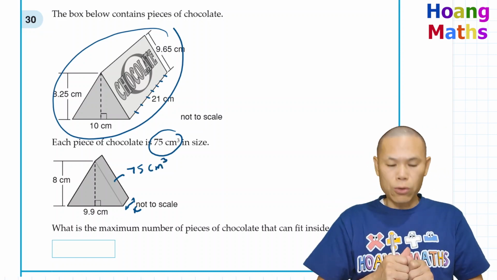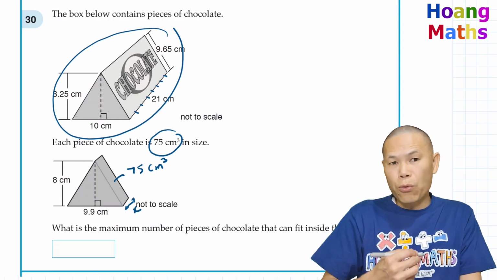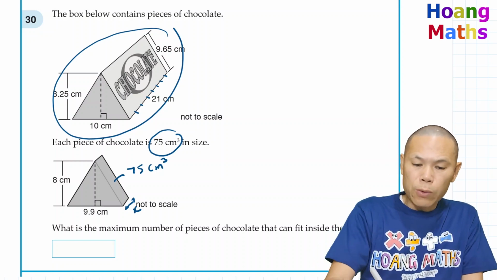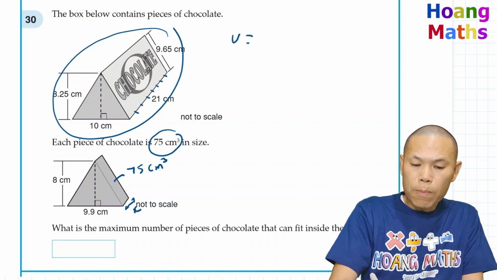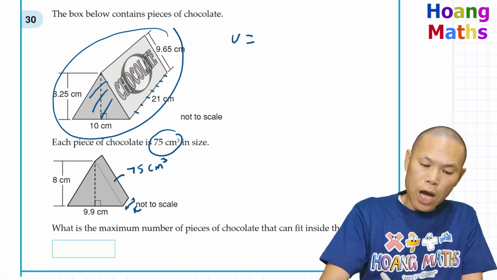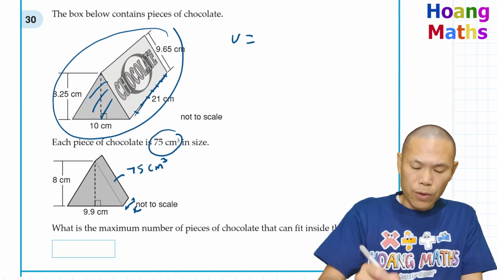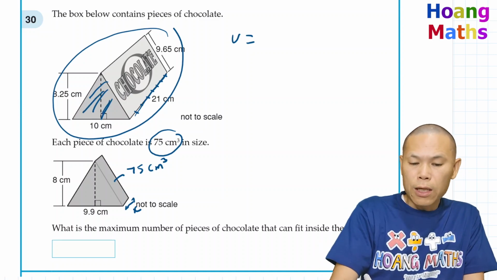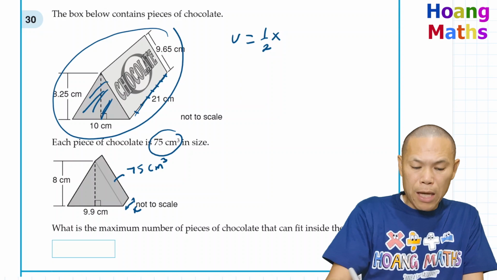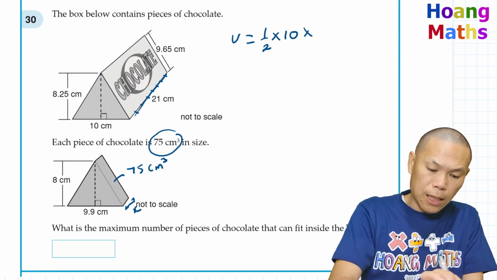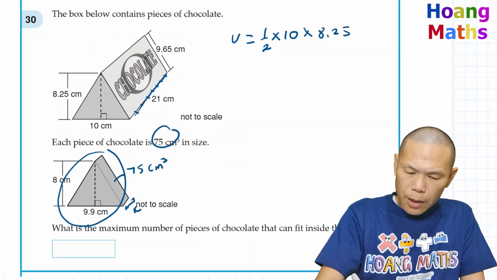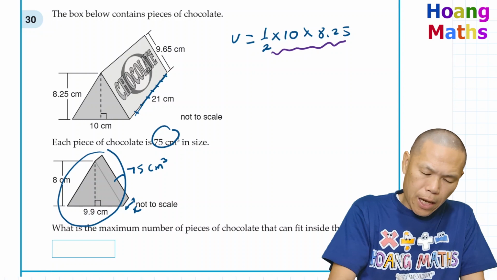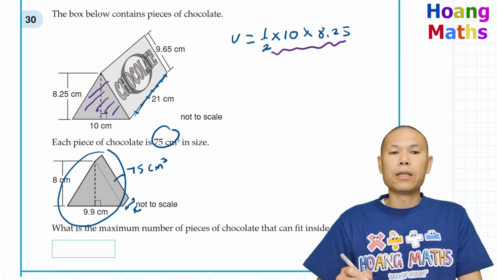So let's get into it. Let me just do both ways. The first way is we can simply work out the volume of the box first. So volume of the box is area times height. The area of the front is a half times base times height, which is 10, and we times the perpendicular height, which is 8.25. This will give us the area of this surface here.